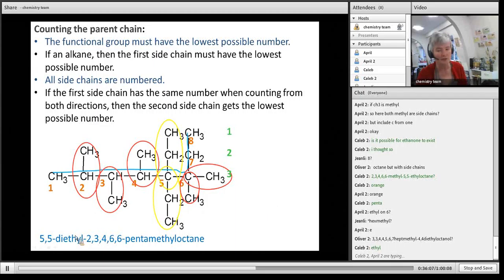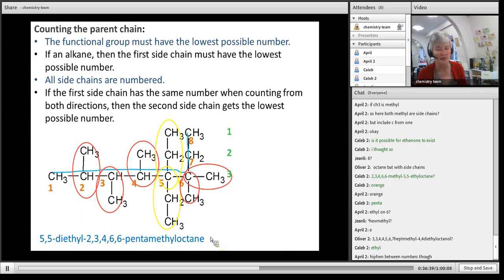So it's 5, 5. Okay, remember the comma between 2 numbers. So we've got an ethyl on this carbon and another ethyl on this carbon, so we show it. Diethyl, and then 2, 3, 4, 6, 6 for this one, hyphen pentamethyl octane. Yep, hyphen between numbers and letters. So commas between numbers and hyphens between numbers and letters.